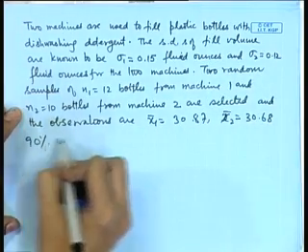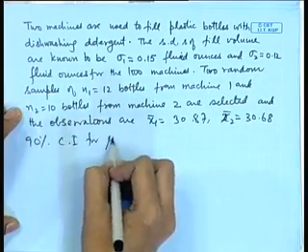So, find a 95% confidence interval for mu 1 minus mu 2.